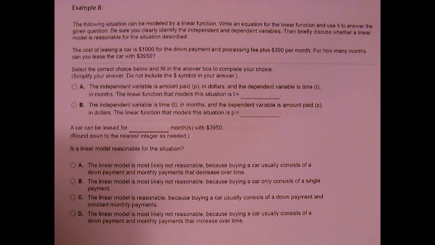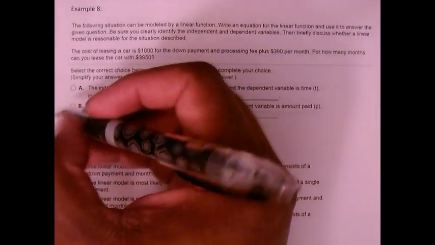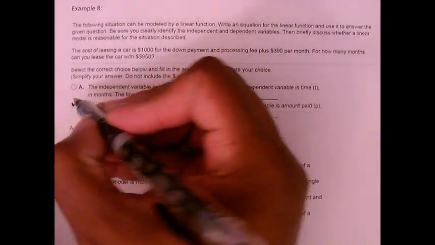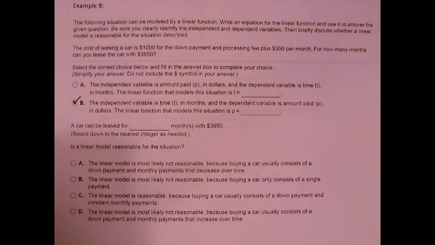Okay, so here we need to find out what our independent and dependent variable is. The independent variable will be the time that's in months, and your dependent variable will end up being the amount that you pay. So it has to be this answer choice here, and then we got to write a linear function that will model that situation.